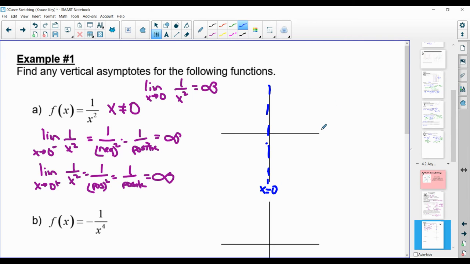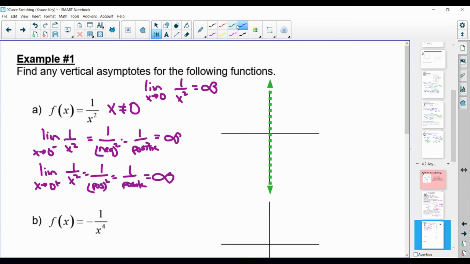This particular graph is coming from the right, approaching here, and from the left approaching there. Now that's not the greatest graph. We'll try to redraw it here quickly. So we have an asymptote right here, happening at x equals 0.